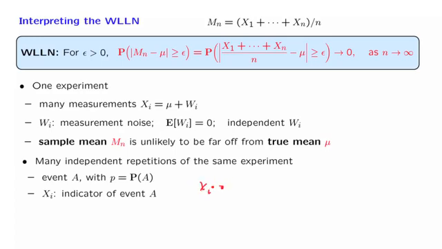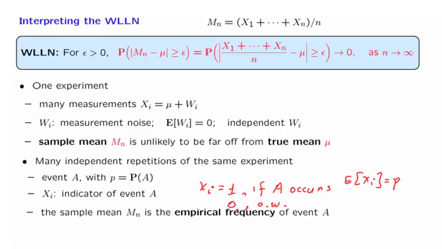So xi is 1 if A occurs, and it is 0 otherwise. The expected value of the xi's, the true mean in this case, is equal to the number p.